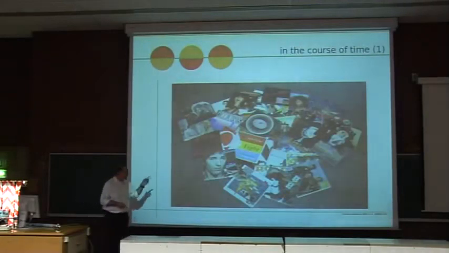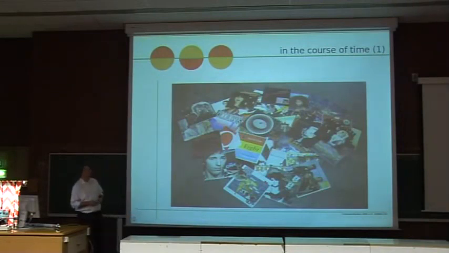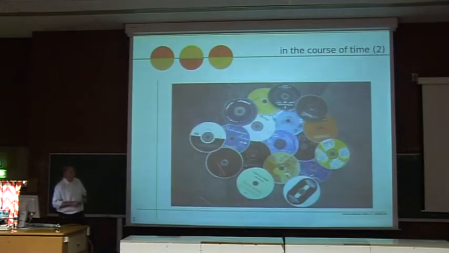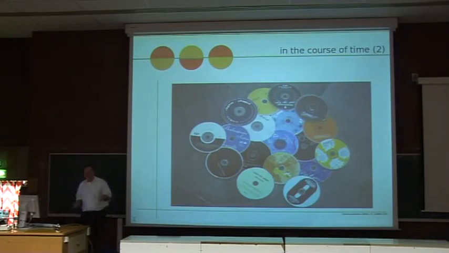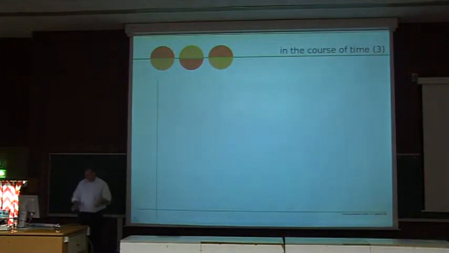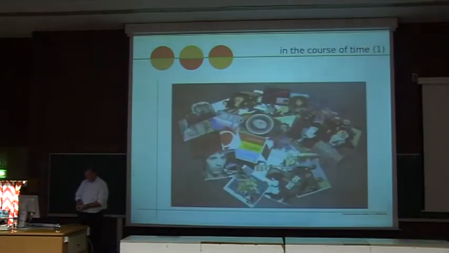Anybody in the room remember these kind of things? That was part of my music collection in the end of the 70s, beginning of the 80s. Ten years later, it looked a bit like that. A lot more, but actually I haven't found all these CDs anymore. Again, 15 years later, there's one page missing.